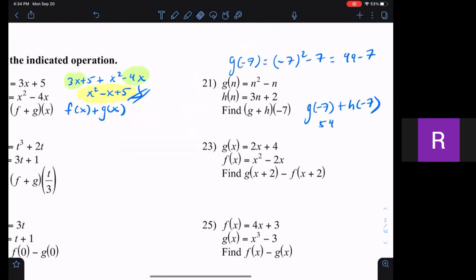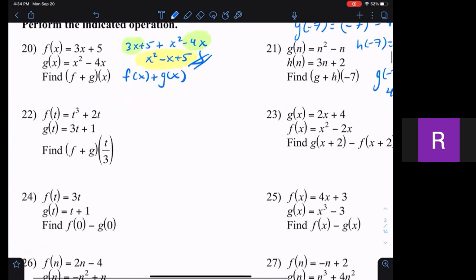I'm sorry, 42. I'm saying 44. 42 plus h of negative 7. H of negative 7 is 3 times negative 7 plus 2. So this is going to be negative 21 plus 2. That's going to be negative 19. So this is going to be 23, right? 23. That's the answer. Next.